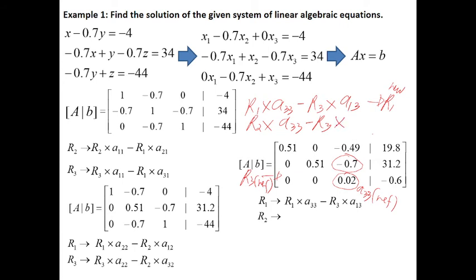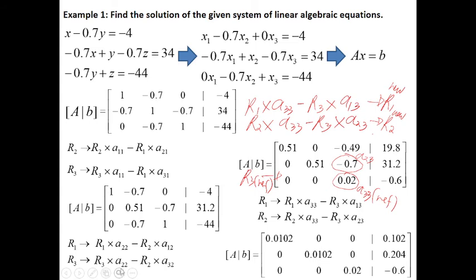The element that you will convert to 0, that is A23. And you will have the new elements, R2. Let's check: R2 times A33 minus R3 times A23. Pag ginawa mo yan, yan ang lalabas.